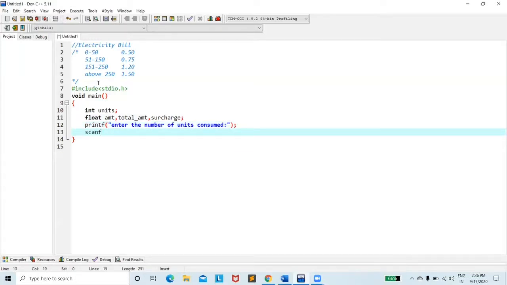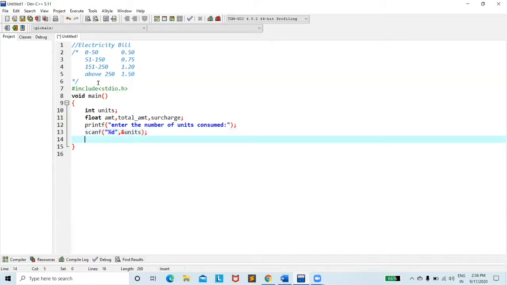I'll store it in units. Ampersand is a must because you are specifying the address there. So with this, the user will be entering the number of units consumed, and now we have to calculate the bill. For that, I'll use the if else ladder.